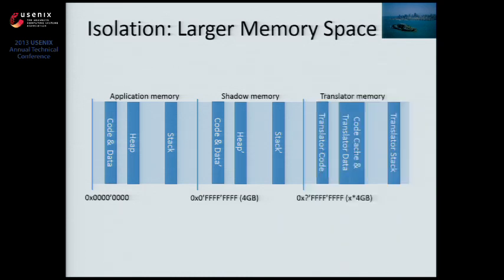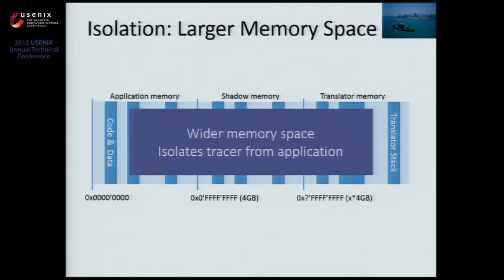And last but not least, we have one additional block that contains the translator and the translator memory, with the code for the binary translator, the code cache, the translator data, and all the translator stacks and so on. And this ensures that through the wider memory space, we can isolate the tracer from the application itself and separate it.